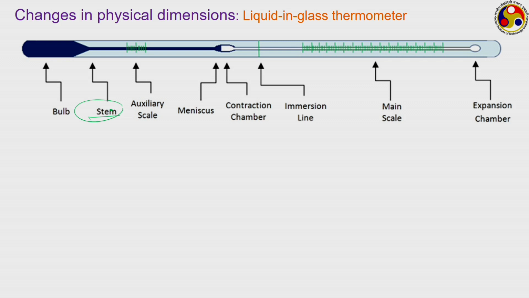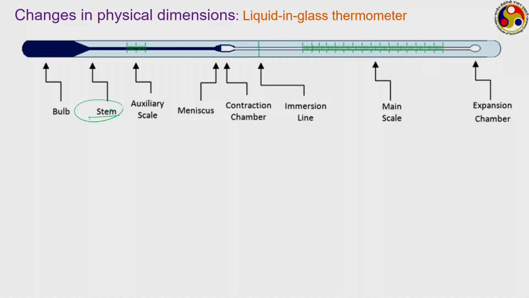It is also important to minimize the effect of thermal expansion, because as the temperature of the fluid changes and its volume expands, the volume of the glass is also expanding. We somehow have to go for a compromise, so the coefficient of expansion for the glass needs to be arranged such that its effect is minimal on the final reading. That is why it is important to choose the material for the stem depending upon the temperature range of operation.